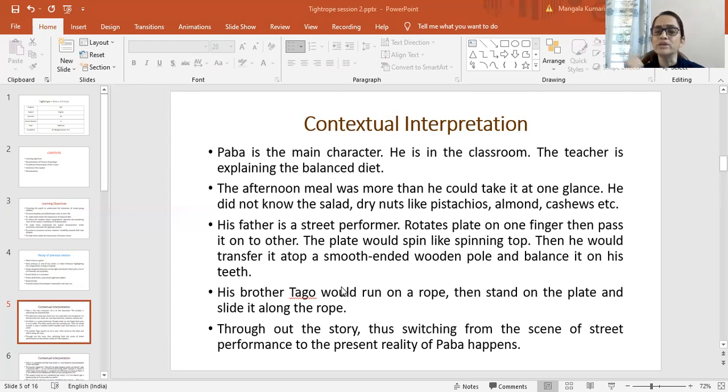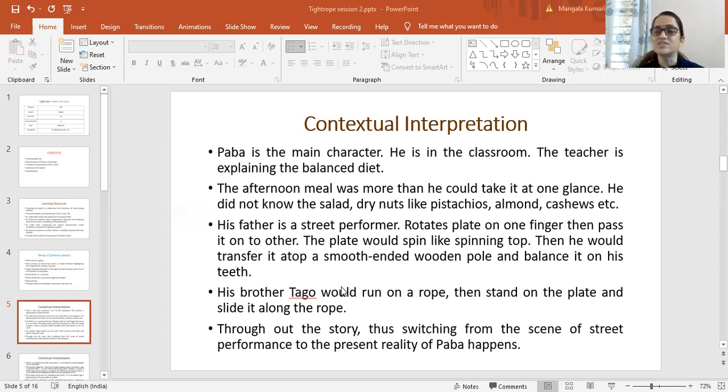The plate would be spinning like a top. Then he would transfer the spinning plate, as it is spinning, to the top of a smooth-ended wooden pole, and balance it on his teeth. See, look at the tricks.